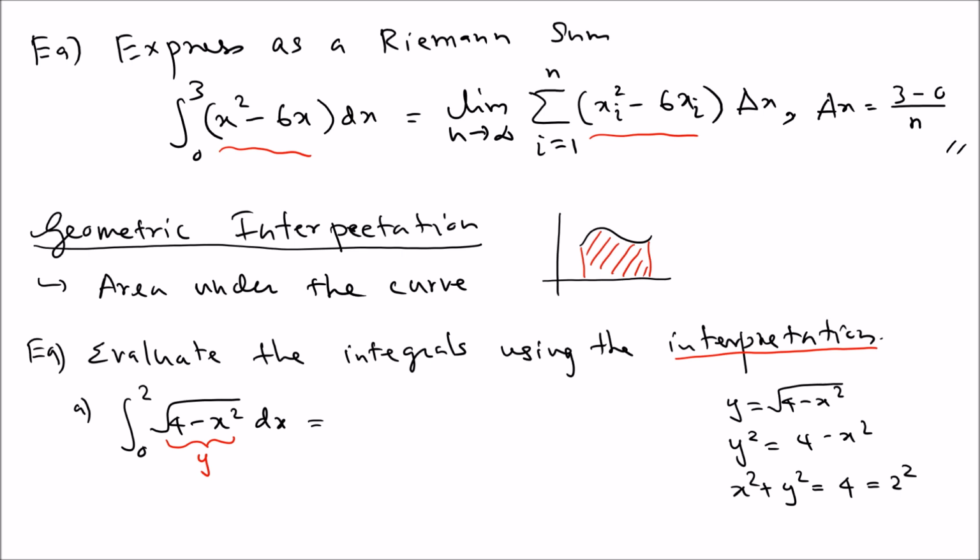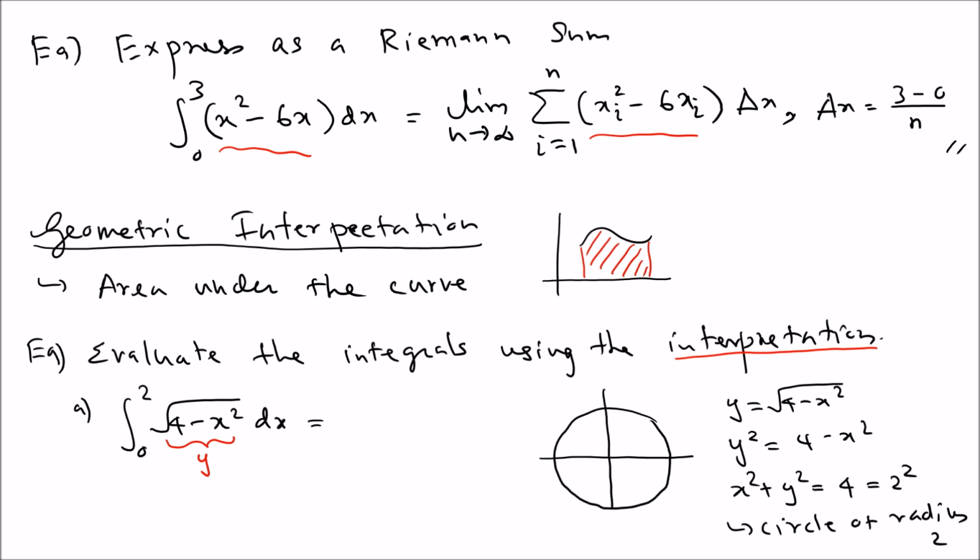So in other words, this is a circle of radius 2. So if you draw this, you get a circle of radius 2, and 0 to 2.